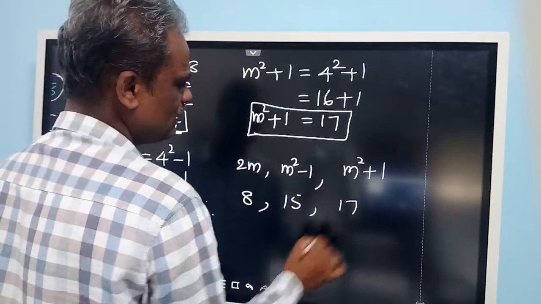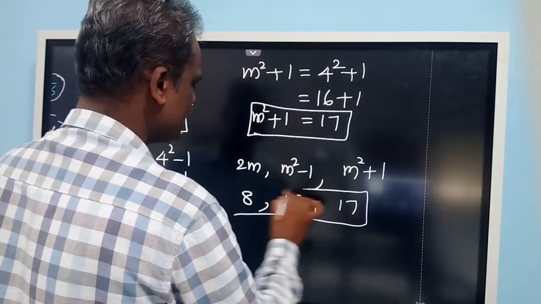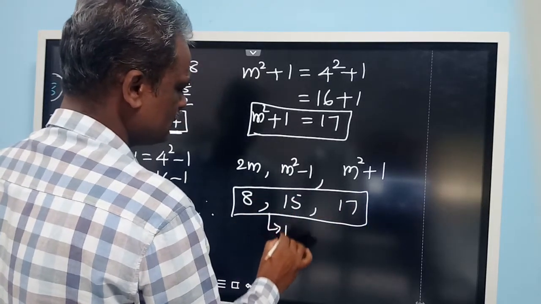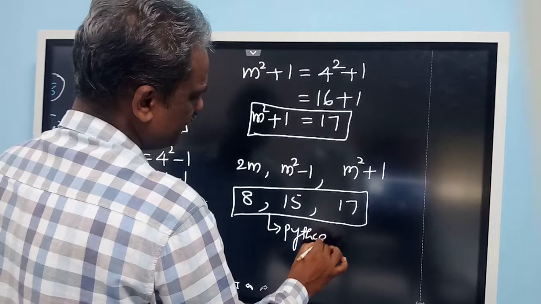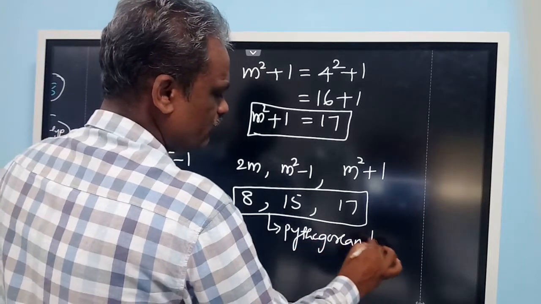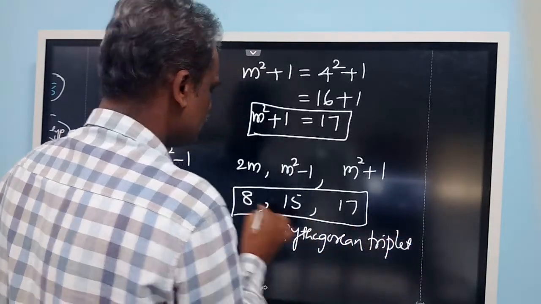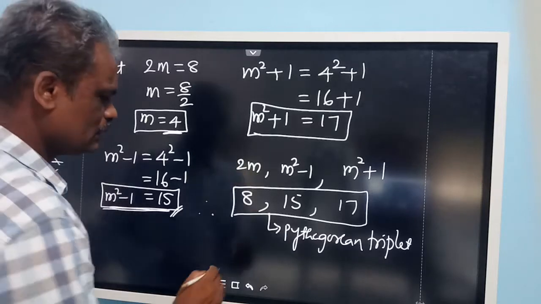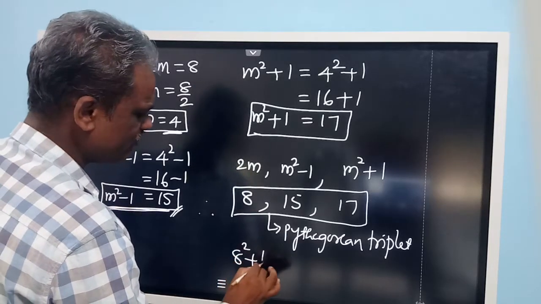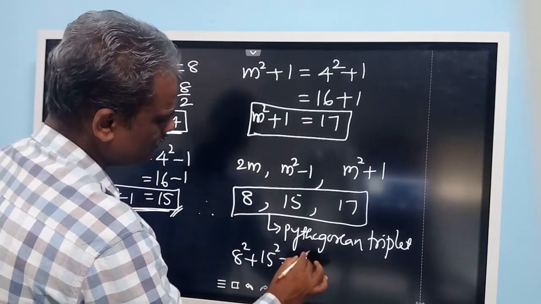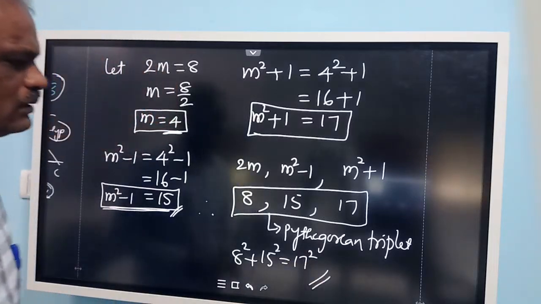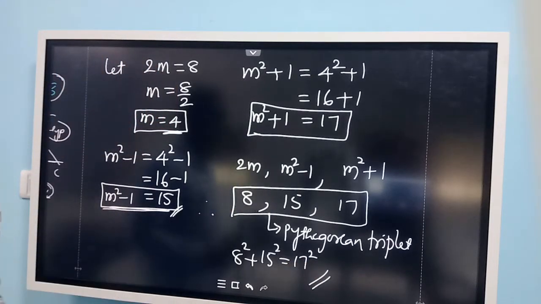Then m square plus 1, 17 is the Pythagorean triplet. So this is the Pythagorean triplet where 8 is the smallest number. So if you take 8 square plus 15 square, it is always equal to 17 square. So therefore 8 is the smallest number. This is how you can find out the Pythagorean triplet.